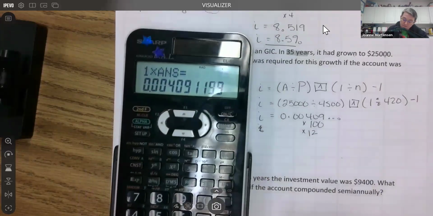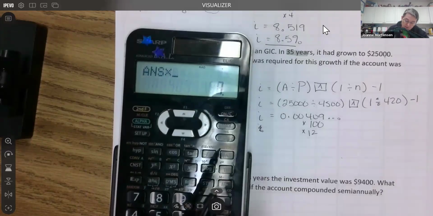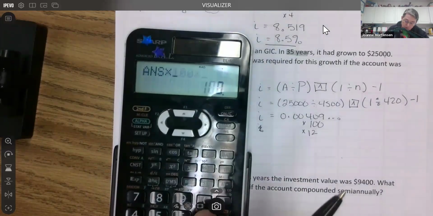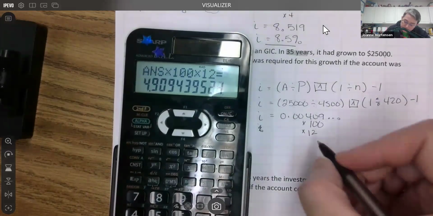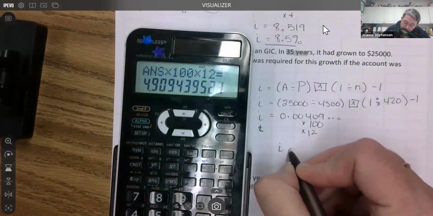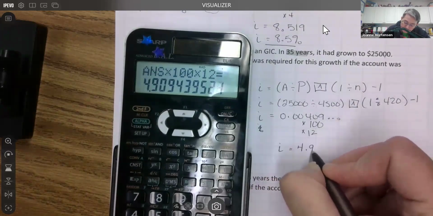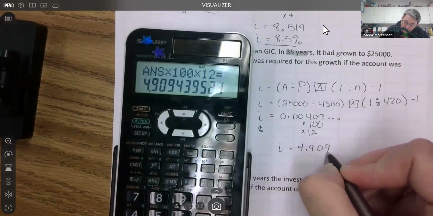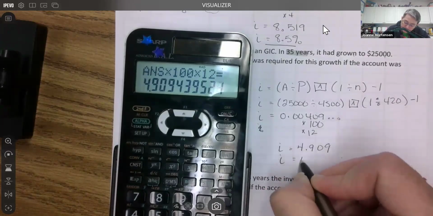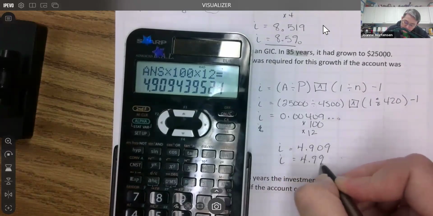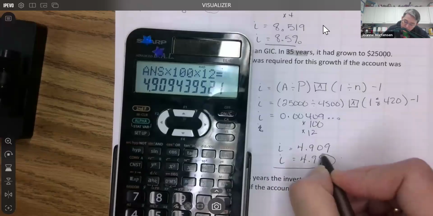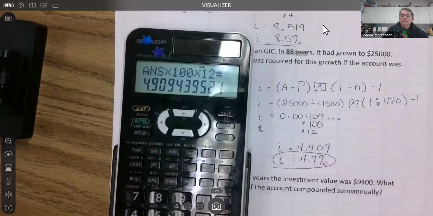Anyway, doesn't matter. Times 100 times 12. Interest is equal to 4.909. Interest is equal to 4.9%. And there we go. That seems reasonable.